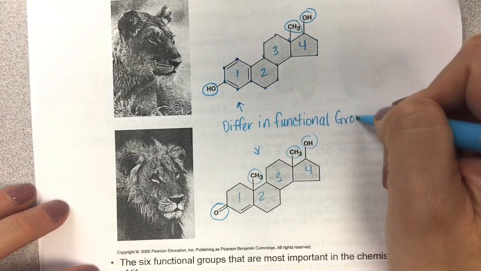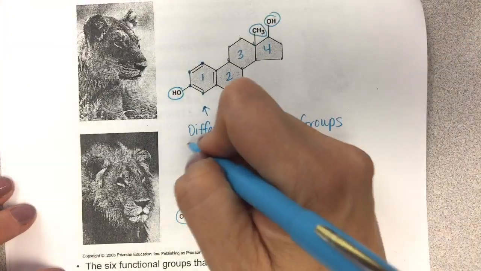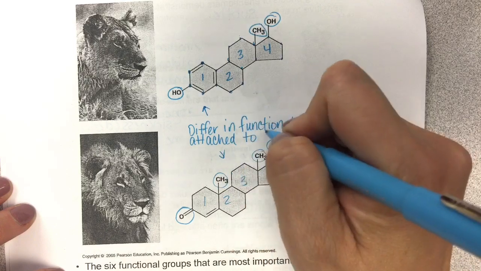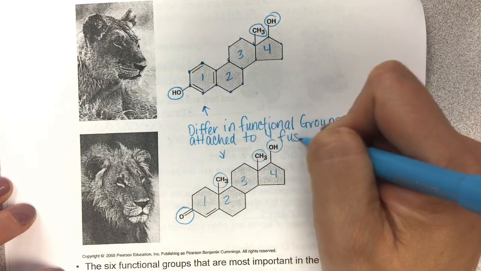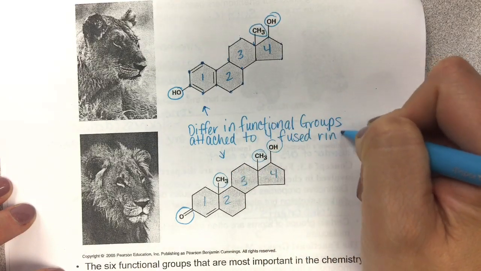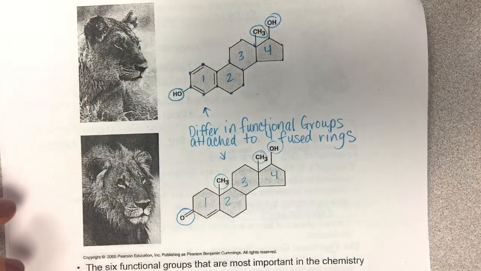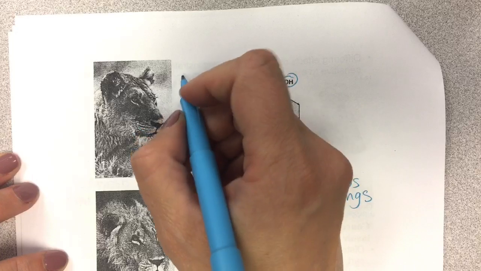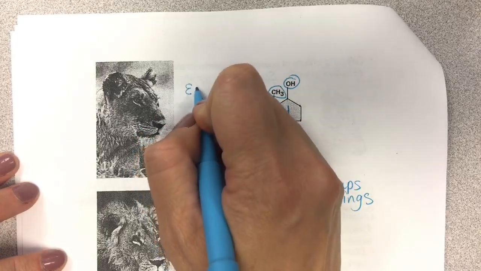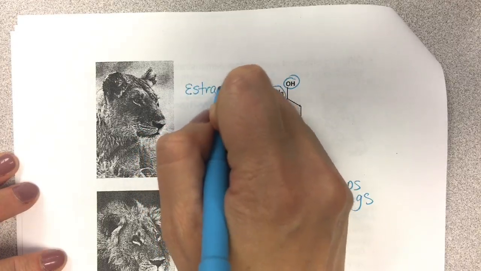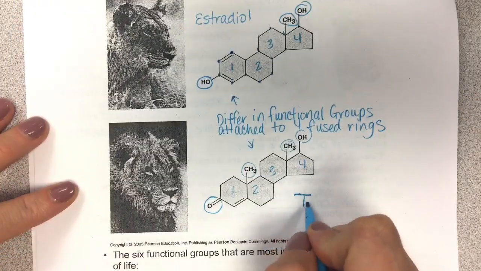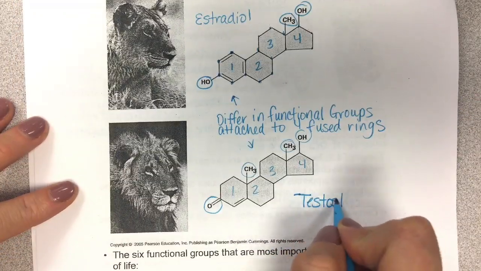Functional groups attached to the 4 fused rings. And this molecule up here is called estradiol. And this molecule down here is testosterone.